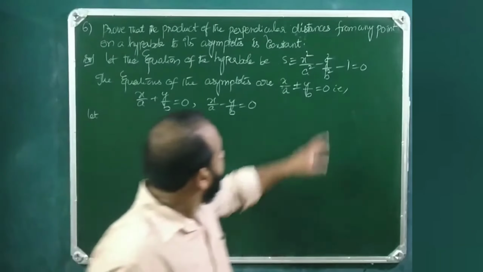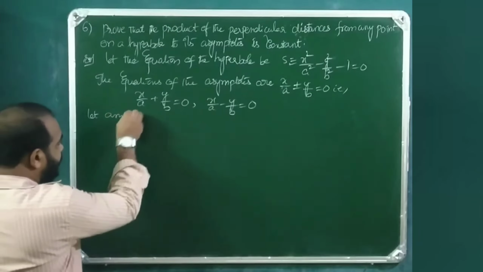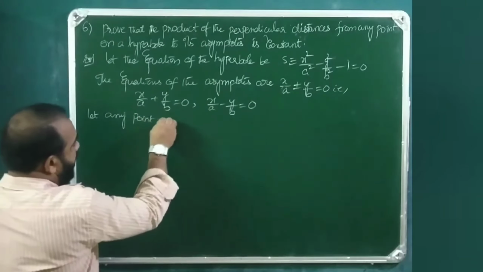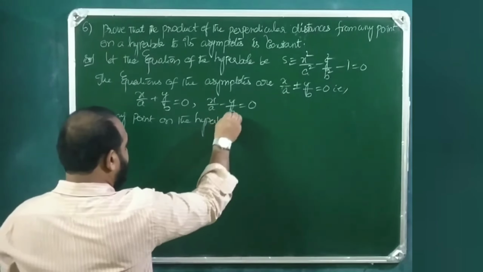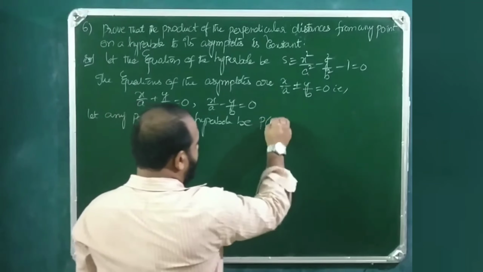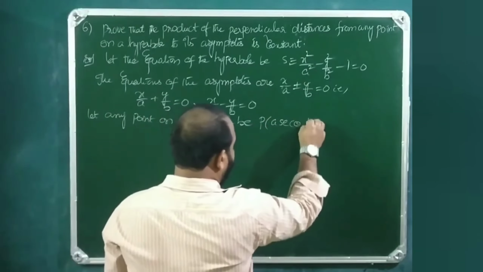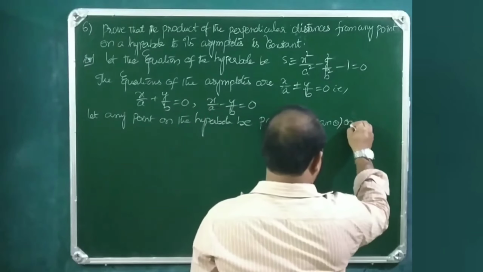Let any point on the hyperbola be P(a secant theta, b tan theta).